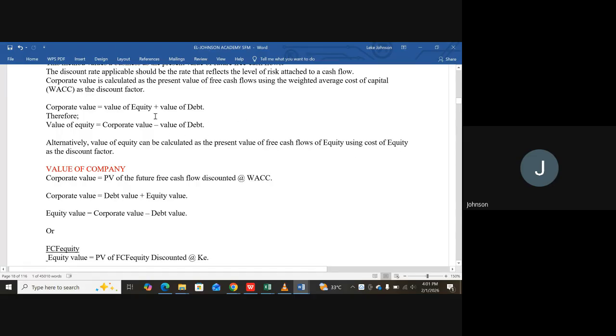So if you want to get the value of equity, we can either have the corporate value, or we can have the value of equity alone. To get the value of equity, we take the free cash flows to equity and discount it using the cost of equity as the discount factor.